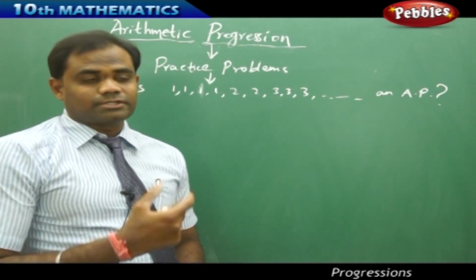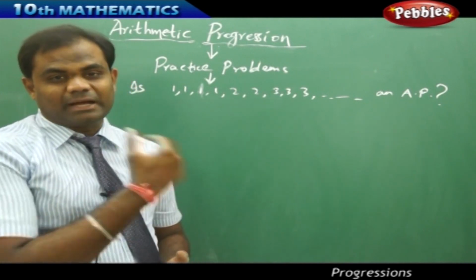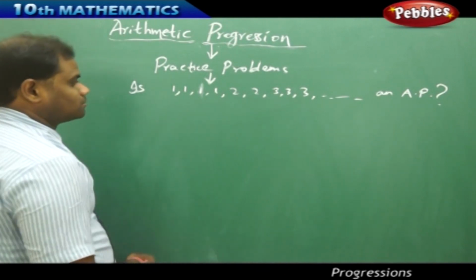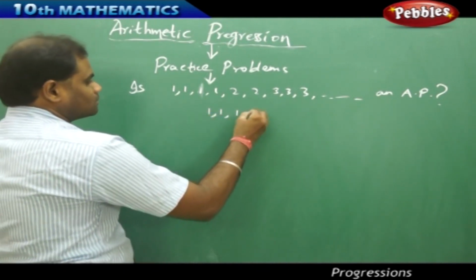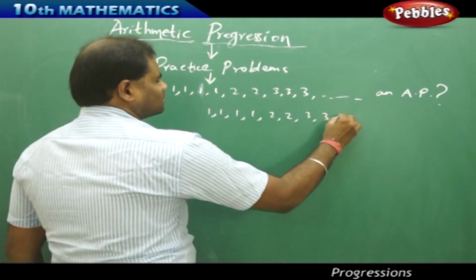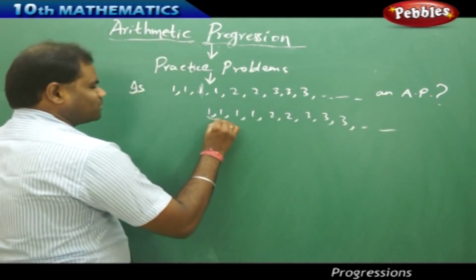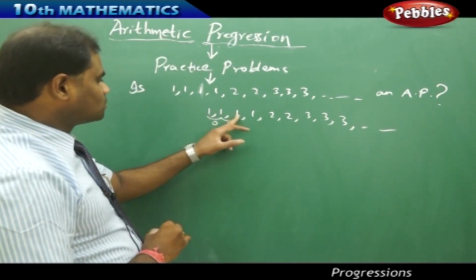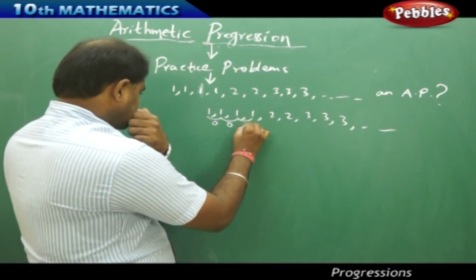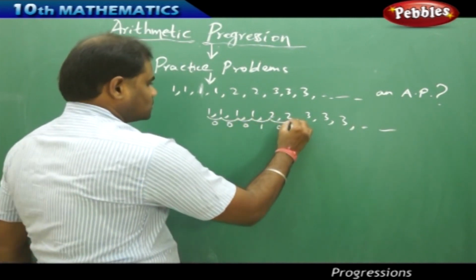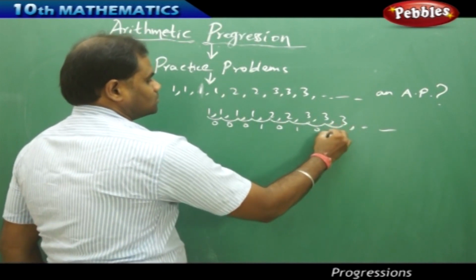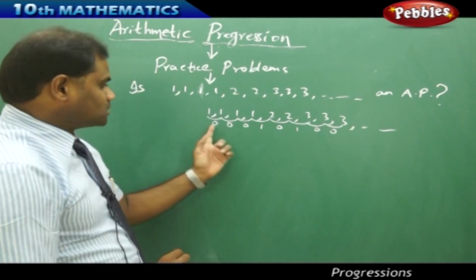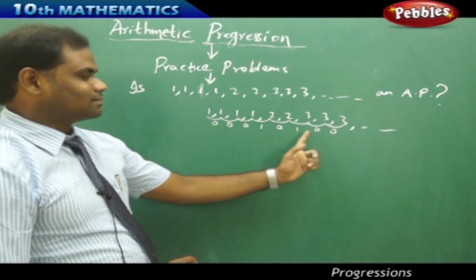So whenever the question is whether the given pattern is an arithmetic progression, then we find the common difference of each of them. As I take the sequence here, I clearly see that the common difference of this is 0, and then here it is 0 because 1 minus 1 is 0, 1 minus 1 is 0, then 1 minus 1 is 0, 2 minus 1 is 1, 0, 1, 0, 0. Clearly, I see that the common difference is not same. It differs because all three zeros, then 1, then 0, 1, 0, 0.